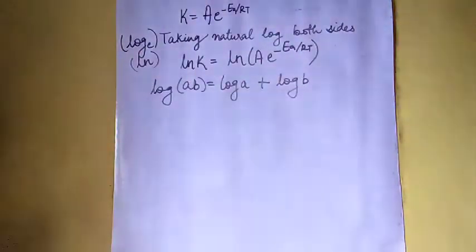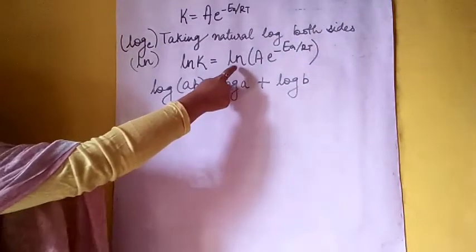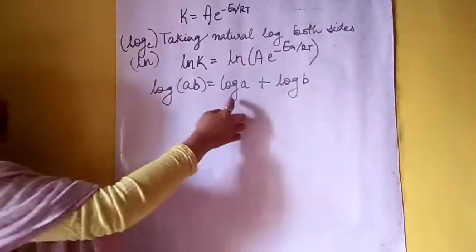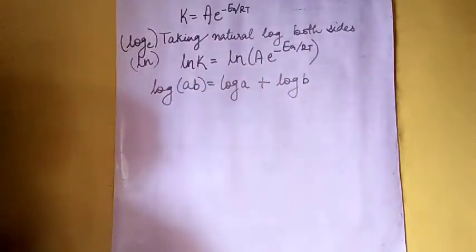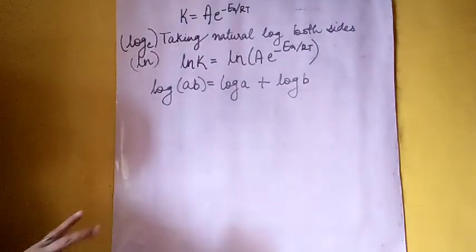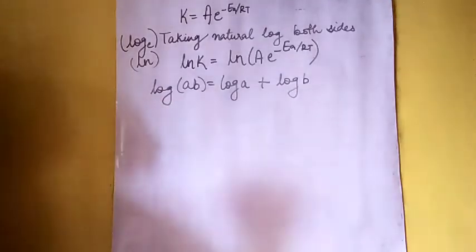This is the formula which we have to use. As you can see, log A into B, we can use log A plus log B. It doesn't matter if this is a natural log or log base 10, this formula can be applied on both.